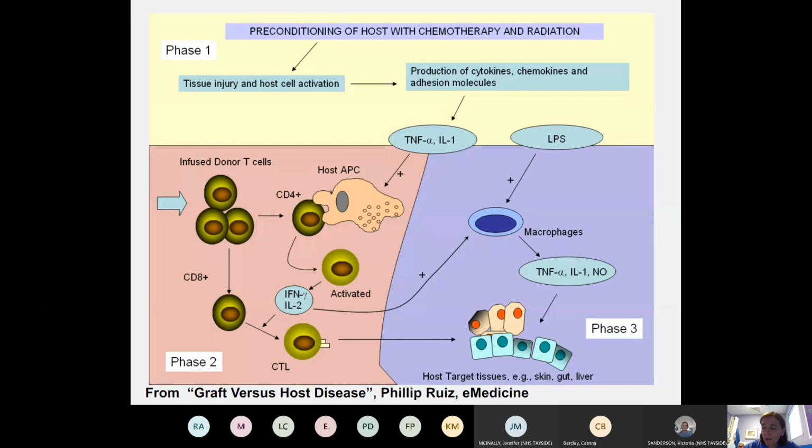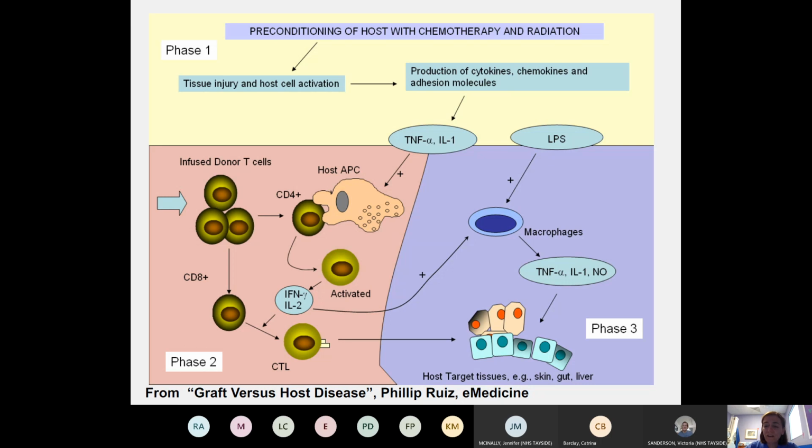So in summary, we've got a damaged epithelial surface, say for example the gut, that is pounced upon by antigen presenting cells, which stirs up our infused donor lymphocytes to recognise the host cells as they would recognise non-self.